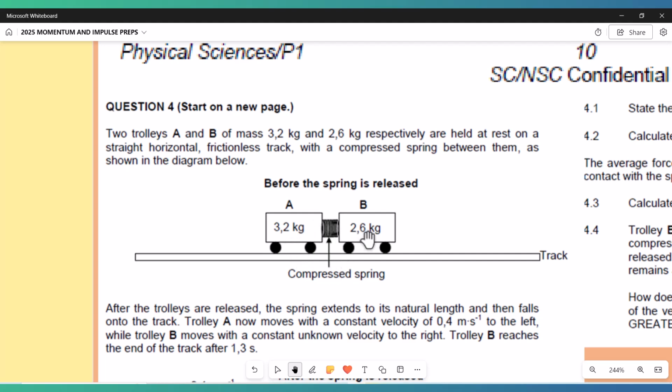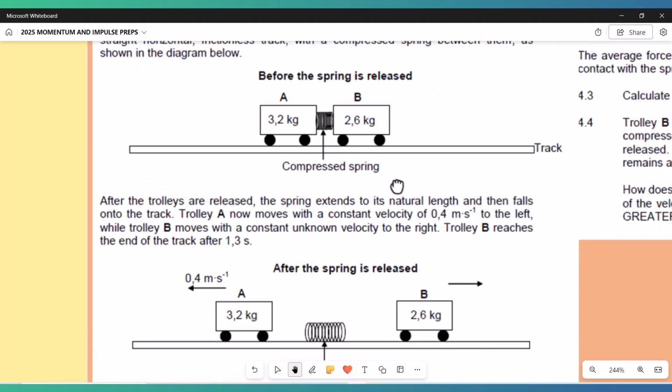Then they say, after the trolleys are released, the spring extends to its natural length and then falls onto the track. Trolley A now moves with a constant velocity of 0,4 m/s to the left, while B moves with a constant unknown velocity to the right. Then trolley B reaches the end of the track after 1,3 seconds.